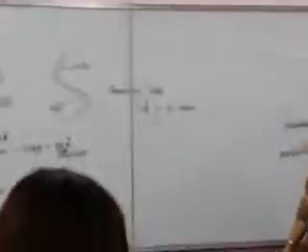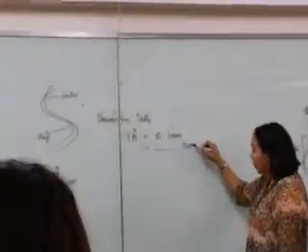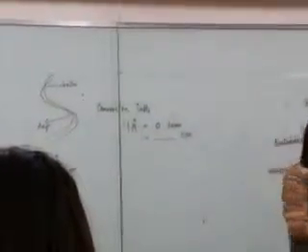Okay? Any other question? From 1 angstrom equal to 0.1 nanometer, how many are there in 1 centimeter? Or millimeter first?